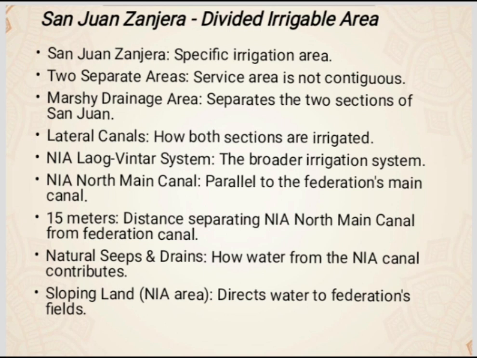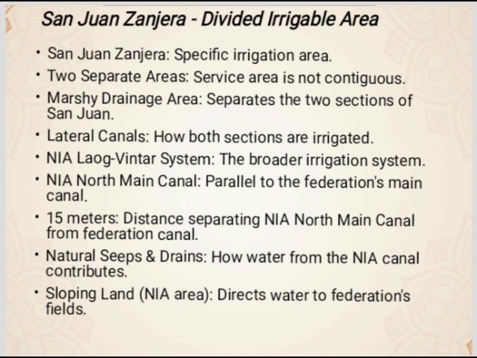So, dito naman is, the overall purpose of the map is as a visual aid to understand the system design and layout or system operation. So, this map serves as a visual aid.